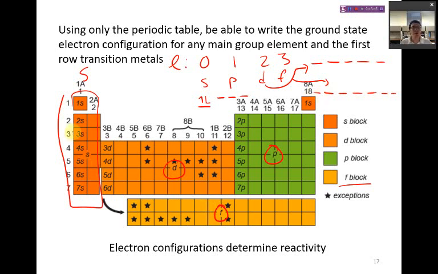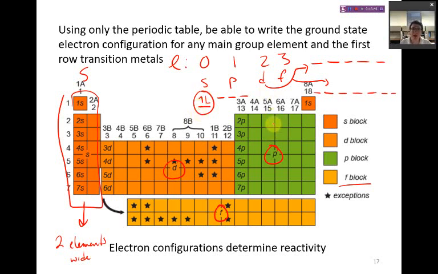When you take a look at the organization of the periodic table, keeping in mind that each orbital can house 2 electrons, look at the width of each block. The s block is 2 elements wide, and an s orbital can house 2 electrons.